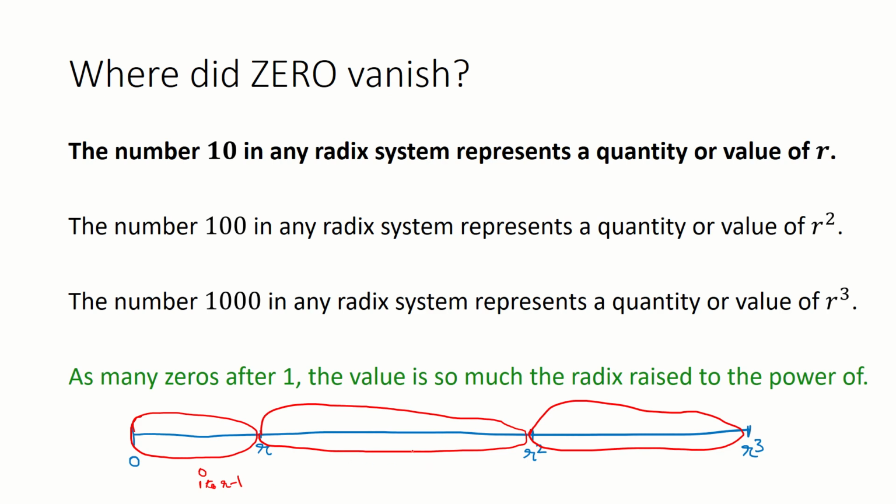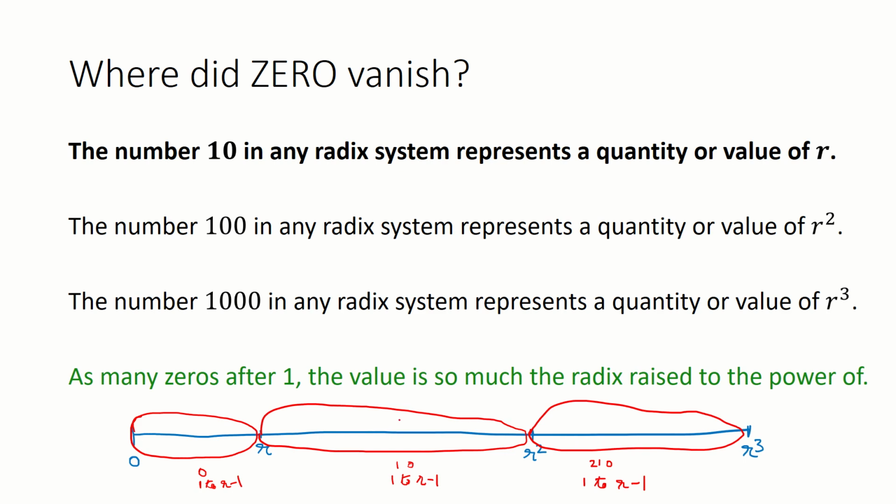In this set of numbers you will need two positions, from 1 0 onwards. So, in each of these positions again you can place all these digits from 1 to r minus 1. For this set of numbers you will need 3 positions, and you will be using again these same symbols 1 to r minus 1 in these 3 positions in order to represent these quantities.